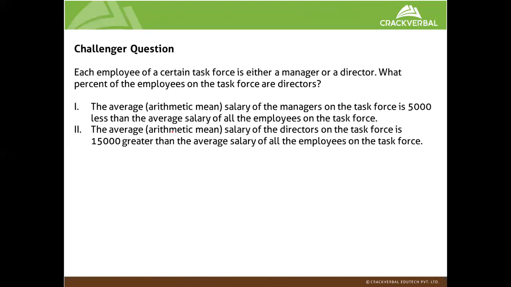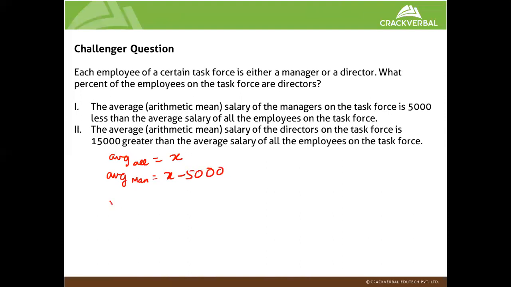So the first statement says the average arithmetic mean salary of the managers of the task force is 5,000 less than the average salary of all the employees on the task force. So let me keep the average salary of all the employees to be X. So the average salary of all the managers is going to be 5,000 less.